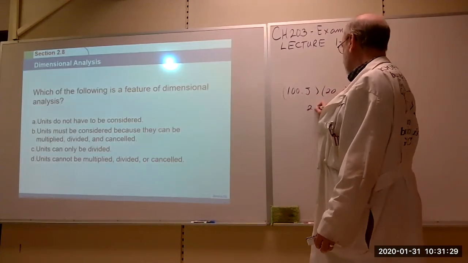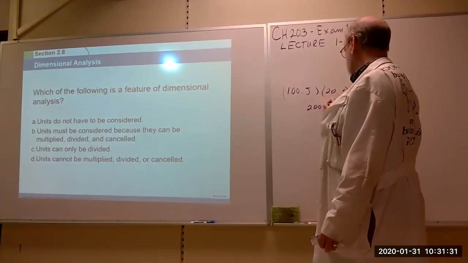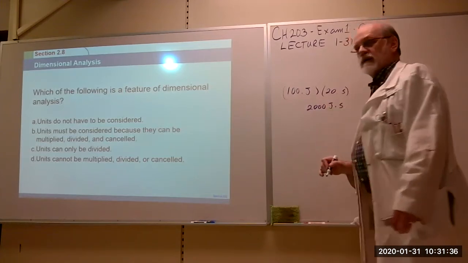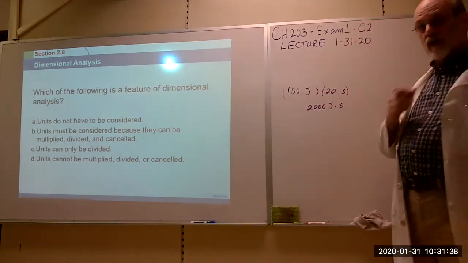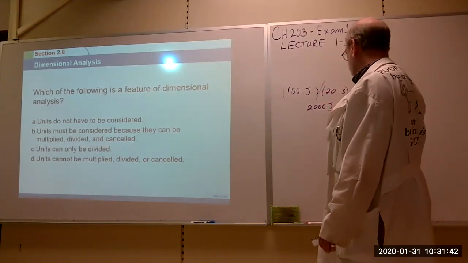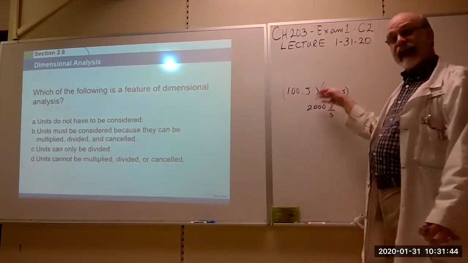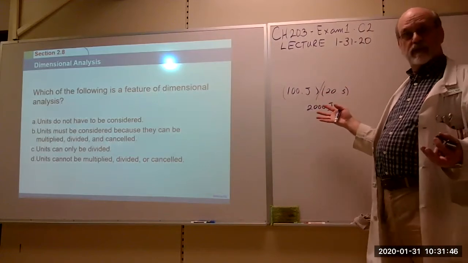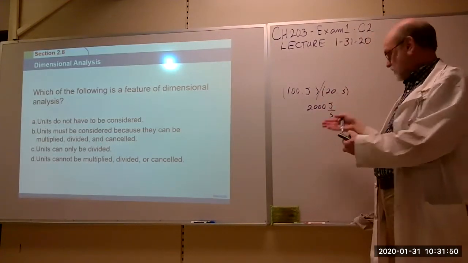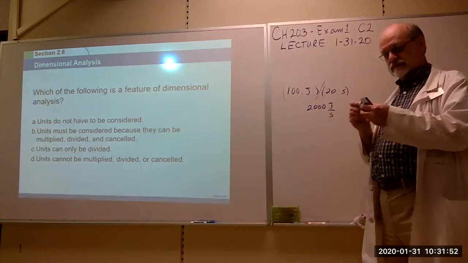Then our answer would be 2,000 joule seconds. Or if we divide it by seconds, it'll be joules per second. We can't cancel them, so we have to keep them. So our unit of measure now becomes something like that.